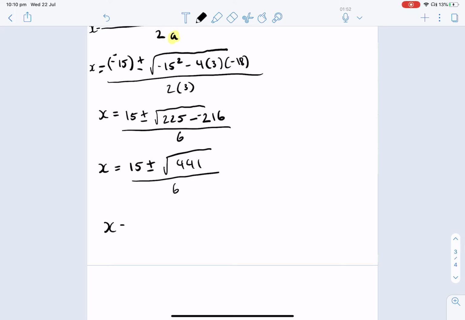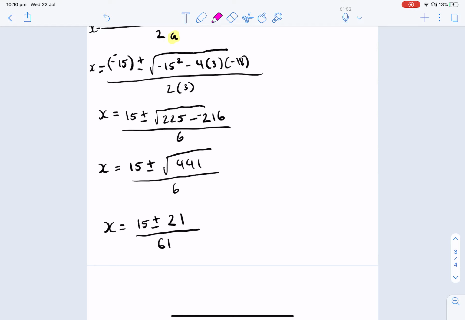Now we're just going to square root that 441 to make it easy for ourselves. The square root of 441 gives us a value of 21, and that's all over 6.